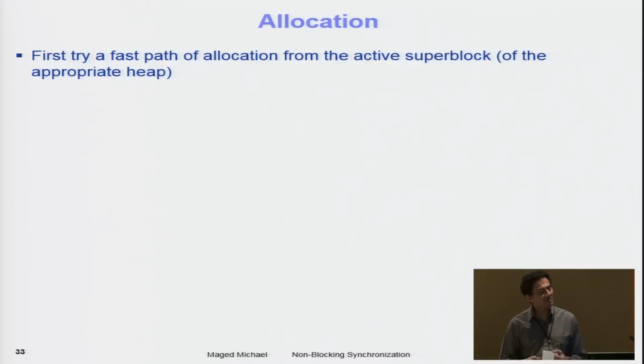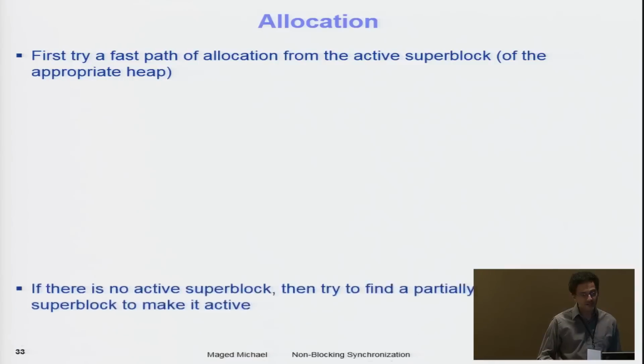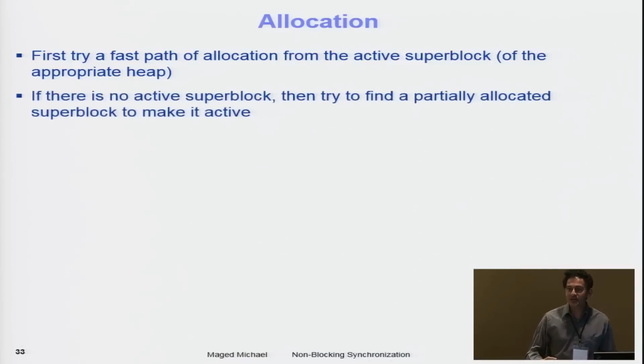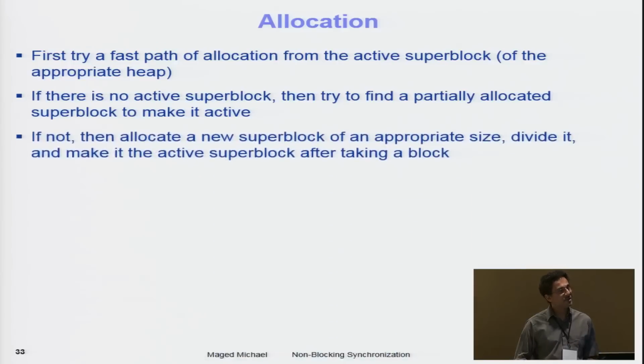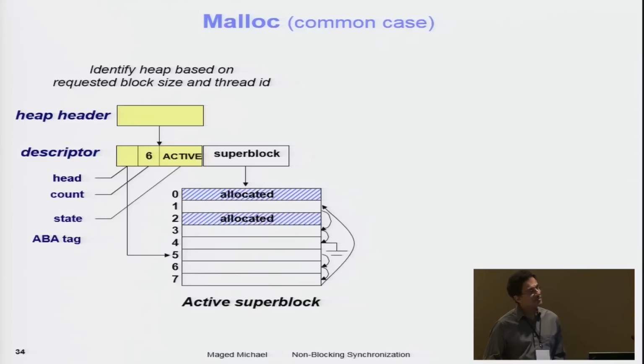So I look at my heap and see that there is an active superblock and it has space. Then I can allocate from it, and we're done. That's the fast path. If I don't find an active superblock, I have to allocate from the partial list, again in a lock-free manner. If not, then I'll have to create a new one and make it active.